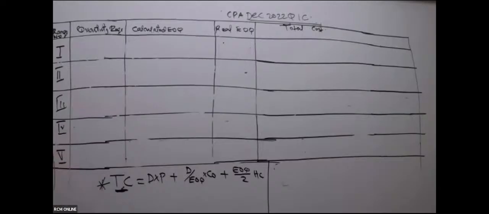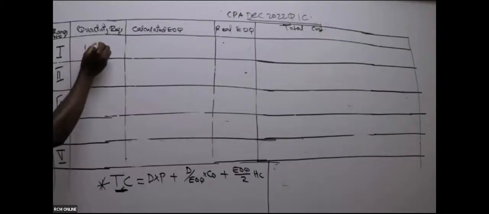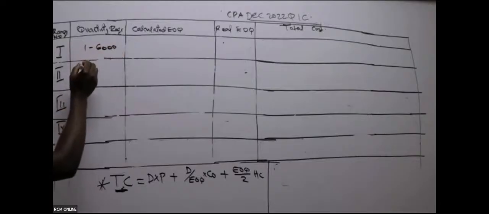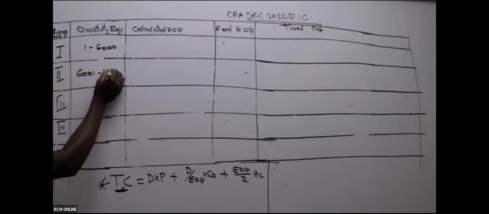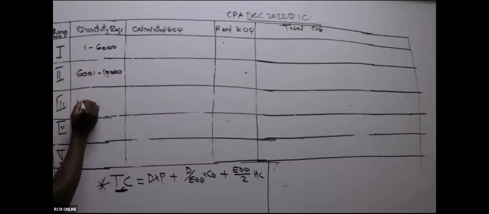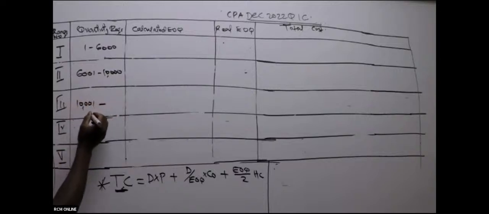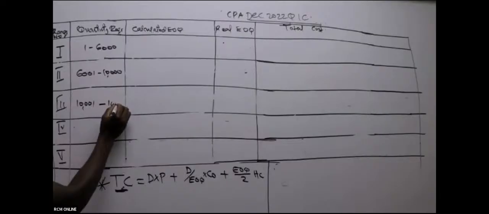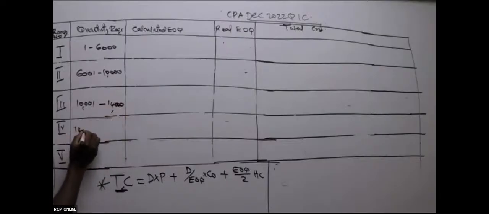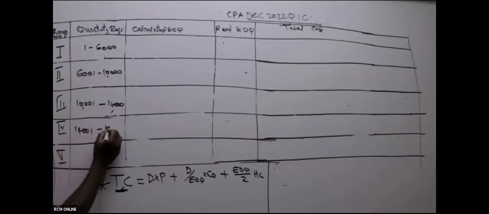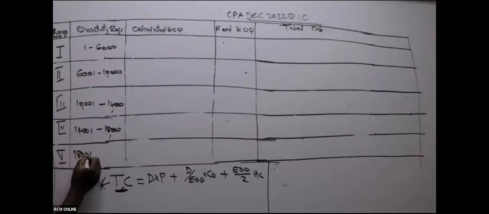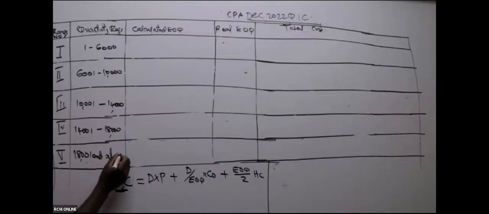So we have 1 to 6,000, 6,001 to 10,000, 10,001 to 14,000, 14,001 to 18,000, and 18,001 and above.